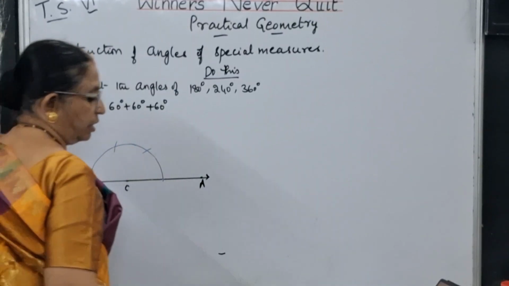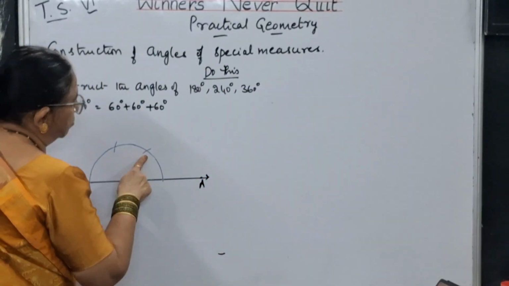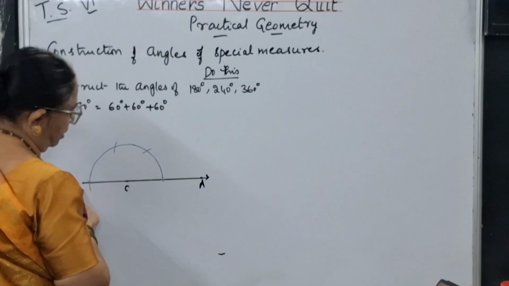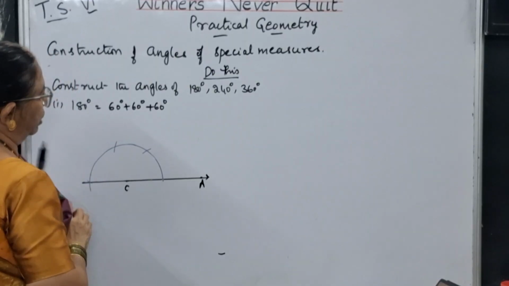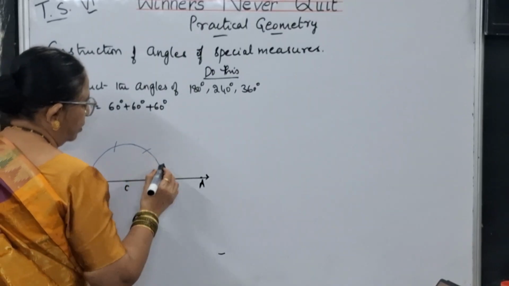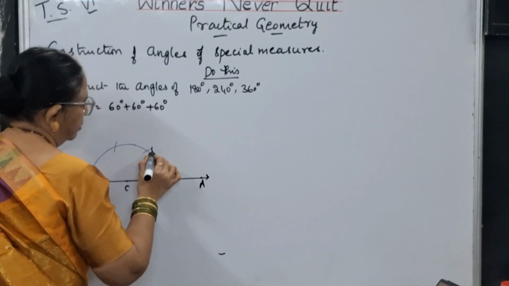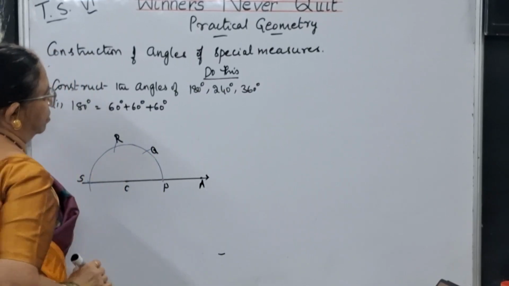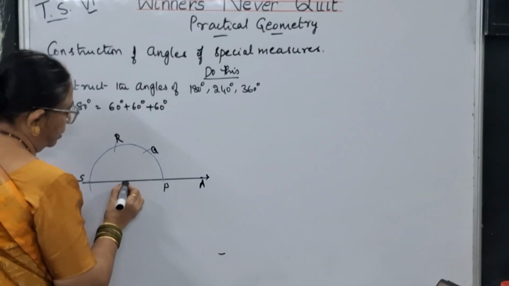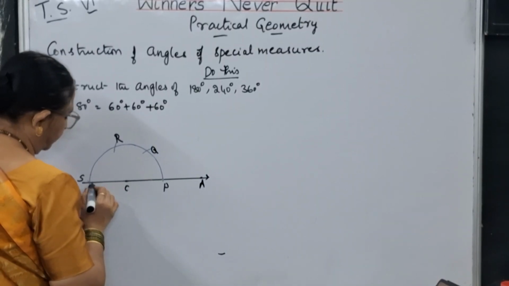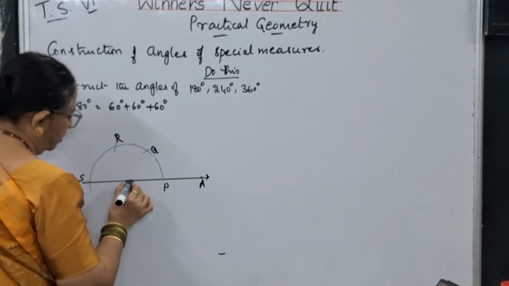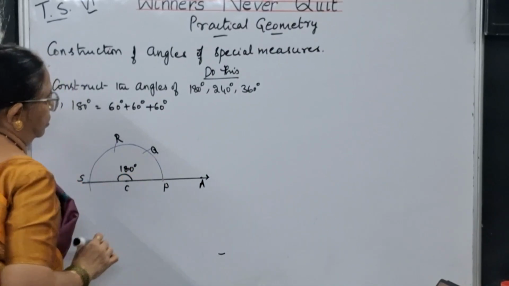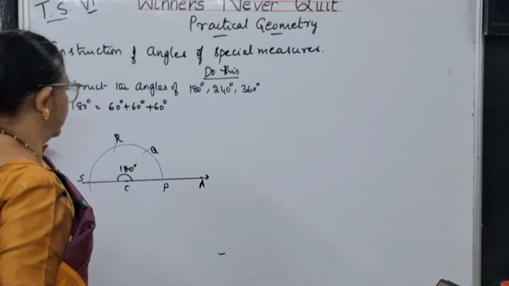So you are getting, see, one arc means 60 degrees, plus 60, 120, plus 60, 180 degrees. So let me call this point as B, this as Q, this as R, this as S. So here this angle is nothing but 180 degrees.